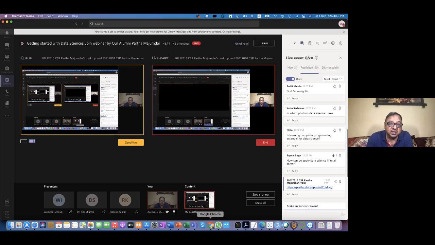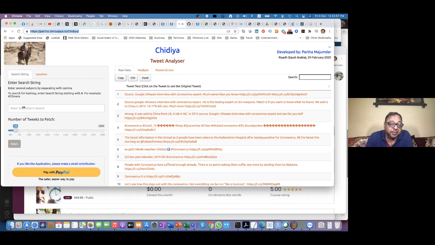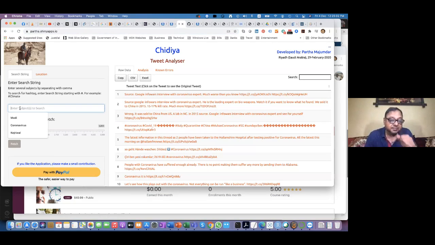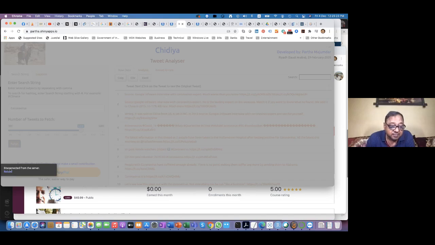So this is the tool which will do emotion analysis. Now let's say I search for some tweets. Let's say I search for coronavirus. So I say fetch me about 4,000 tweets on coronavirus.